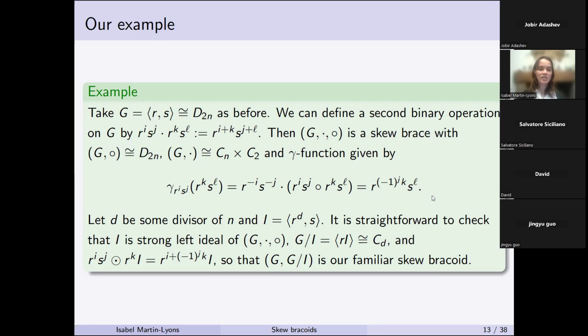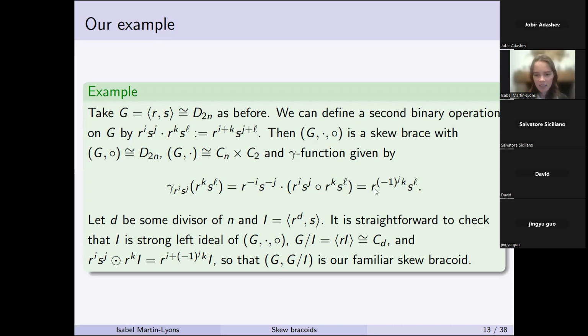Okay, now to actually see our family as our additive quotients of these, we let D be some divisor of N and set I to be the subgroup generated by R to the D, S. Then I is a strong left ideal of this skew bracoid, so the additive structure is abelian in this case, so we get the normality for free.